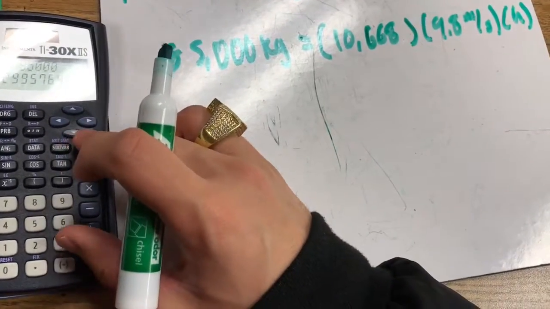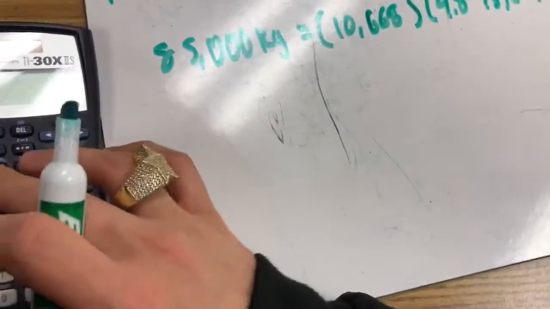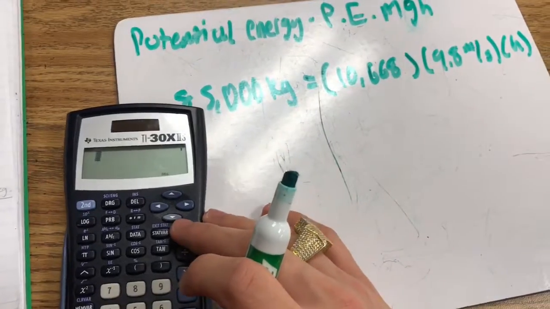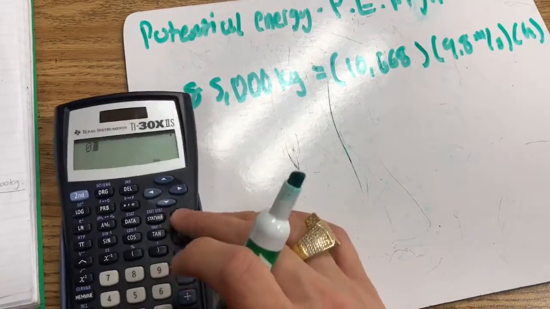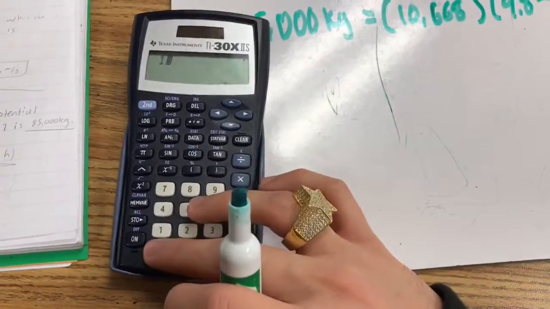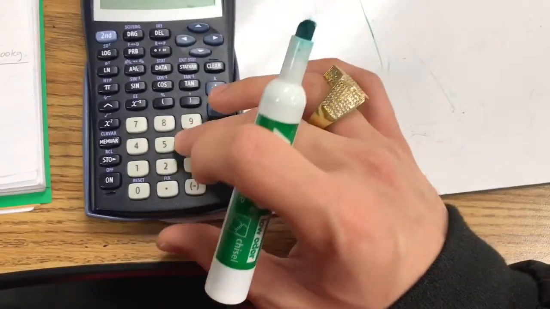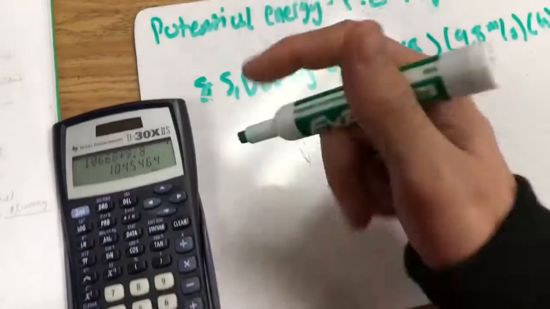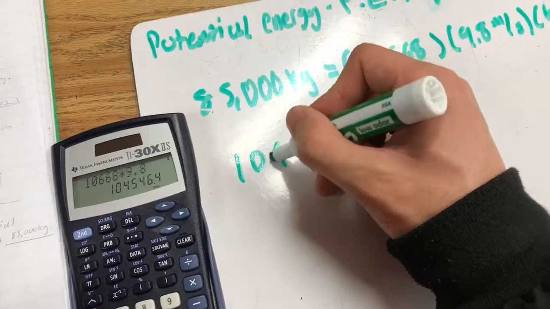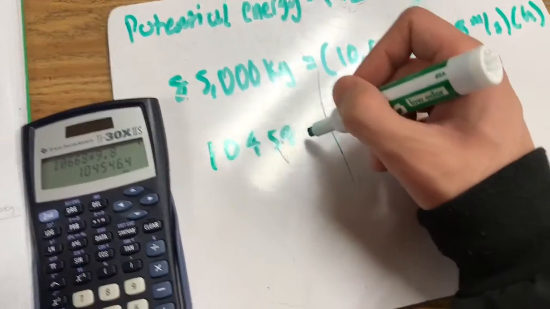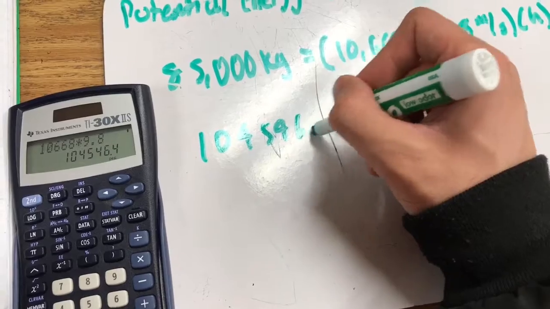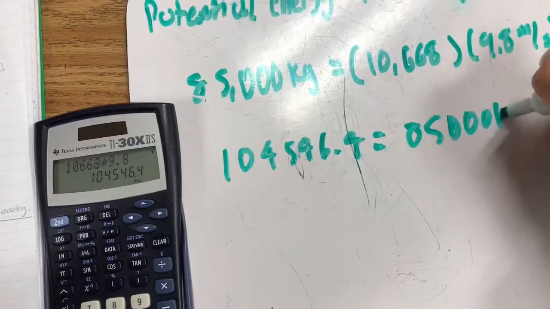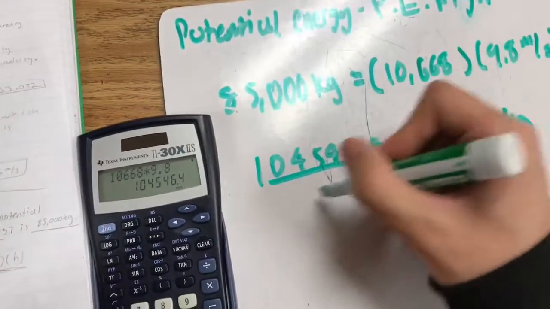What I'm going to do for this one is multiply 10,668 times 9.8, just like this. Next thing I'm going to do is divide it by 85,000 kilograms.